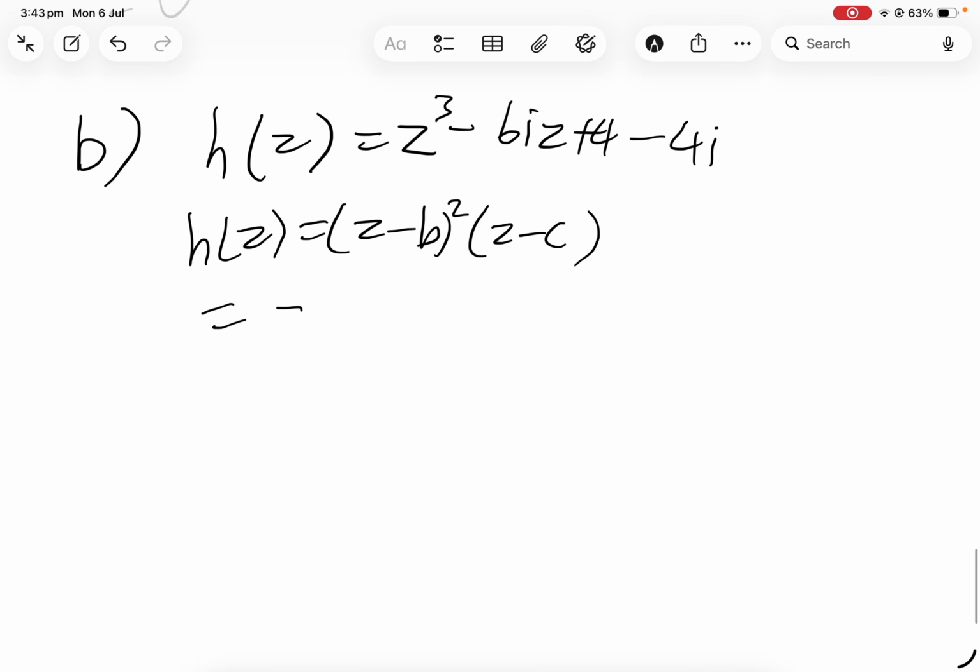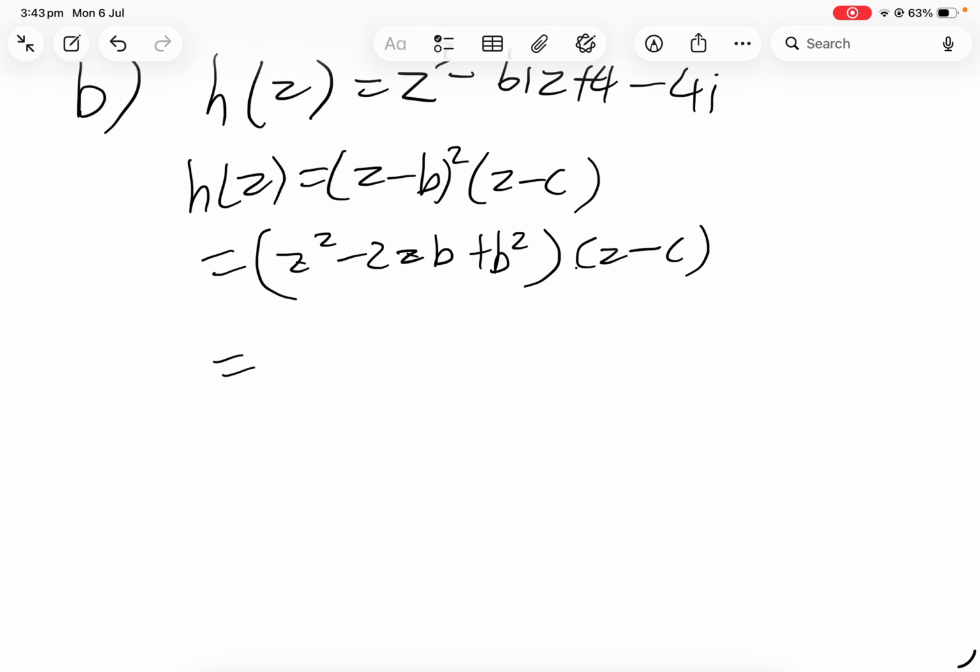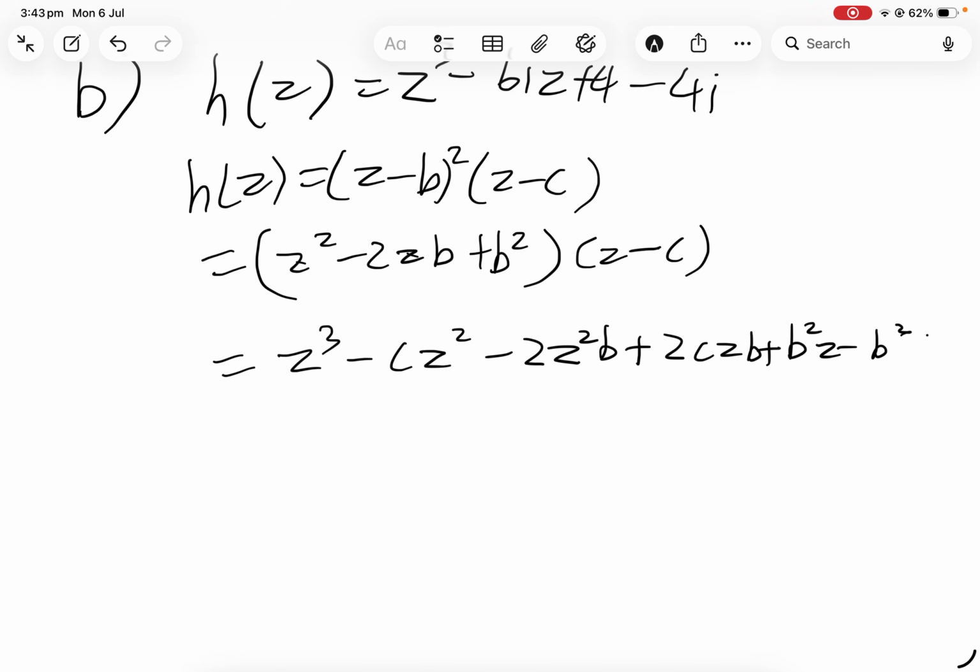That just equals z² − 2zb + b², and then that's times (z − c), and then that becomes z³ − cz² − 2z²b + 2czb + b²z − b²c.